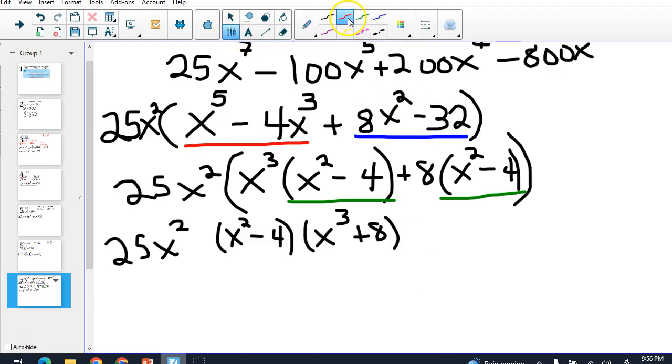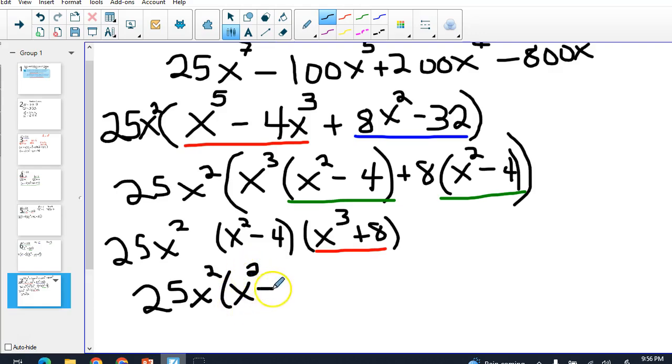Okay. Now, beforehand, we would have left this as is, but we have a sum of cubes. So we can work with that now. So we still have our 25x squared times x squared minus 4. Okay.